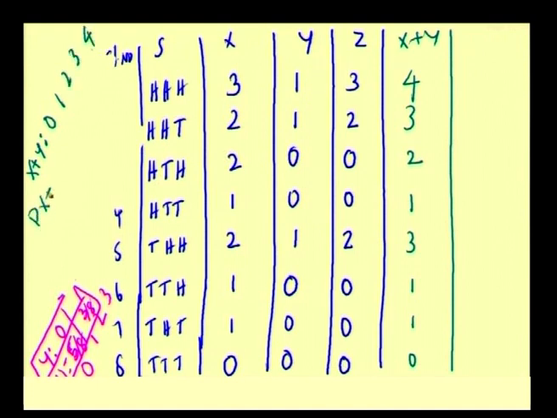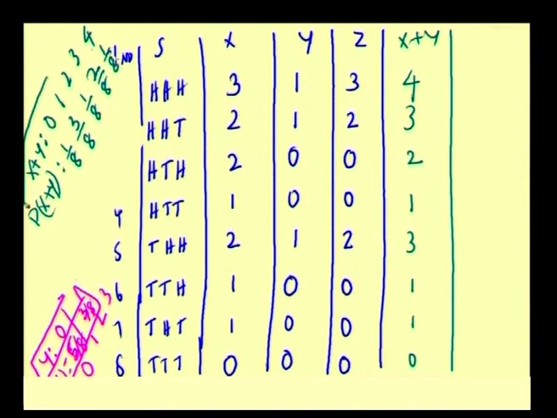So, the corresponding probability function for x plus y is, how many zeros are there? Only one zero. So, 1 by 8. How many ones are there? 3 ones. So, 3 by 8. How many 2s are there? Only one 2, so 1 by 8. And how many 3s are there? Two 3s. 2 by 8. How many 4s? 1 by 8.